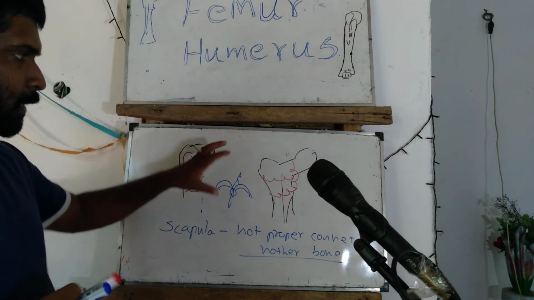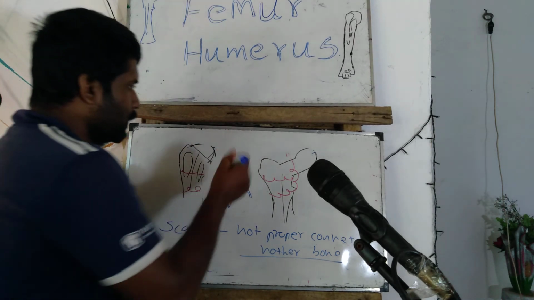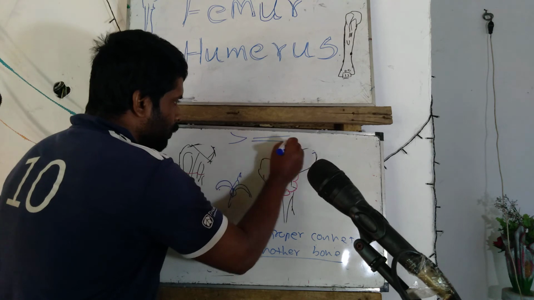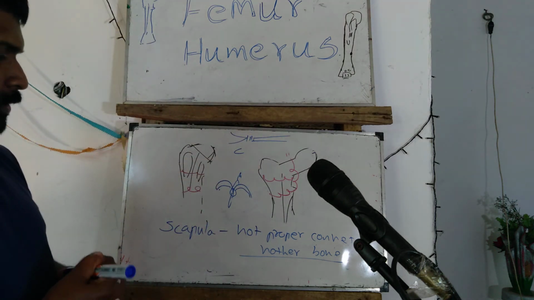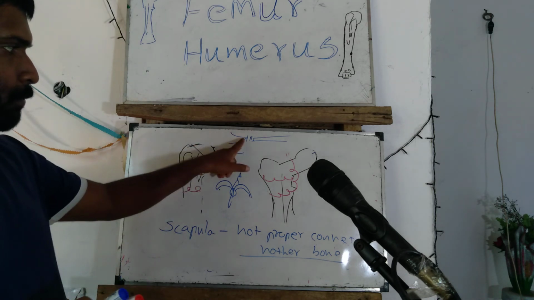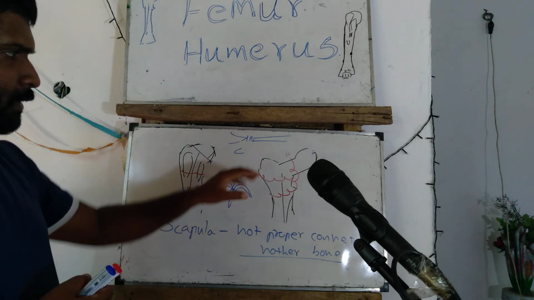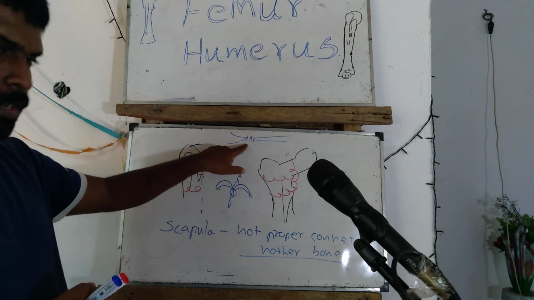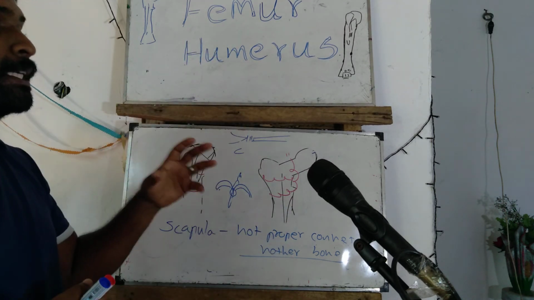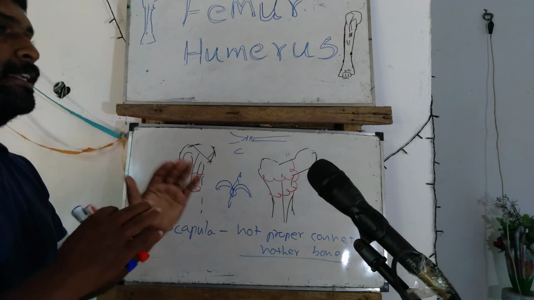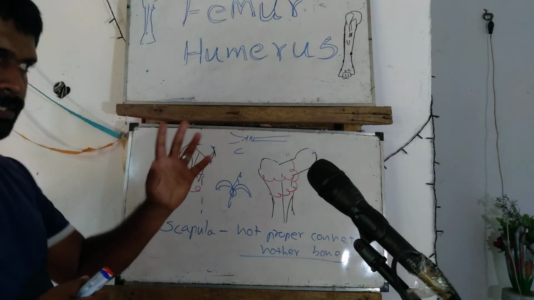The scapula is not properly connected to another bone. It has only the clavicle connection. We can see the acromion process, and the acromion-clavicle connection is the only connection. This is the only bone-to-bone connection. All the other parts of the scapula connect through muscle attachments of the skeletal system. That is the most important point.